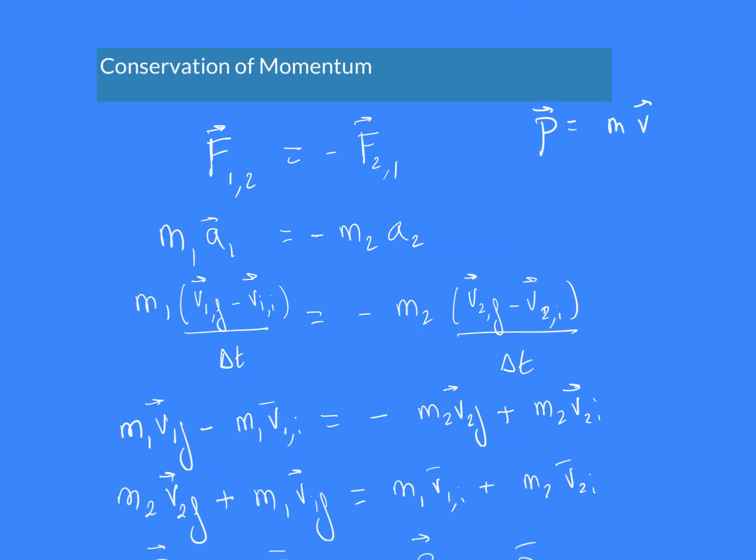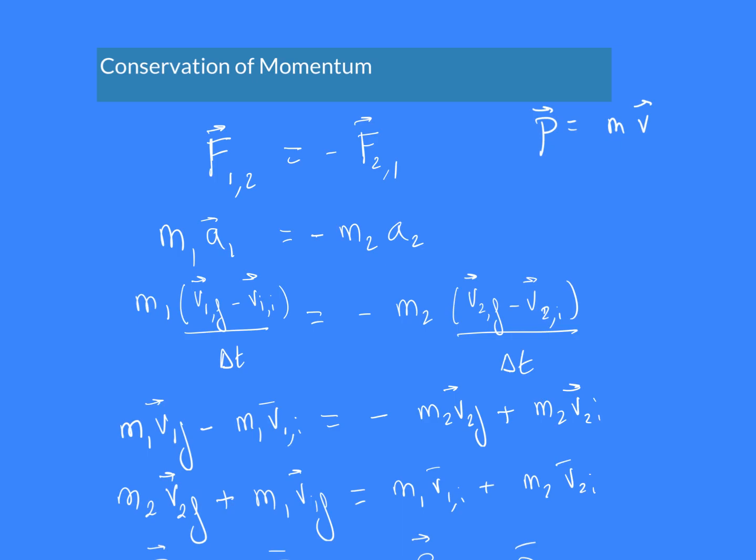Okay. Now we are going to start a very important subject, that is conservation of momentum. Momentum, if you remember, is a vector P, we call it P, and it's the mass of the object times the vector velocity. This is the momentum of an object.